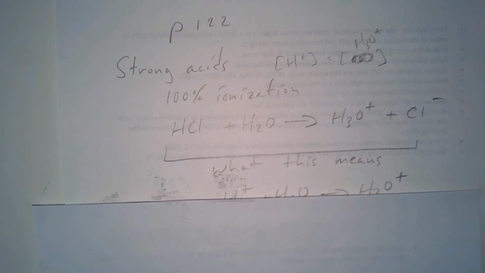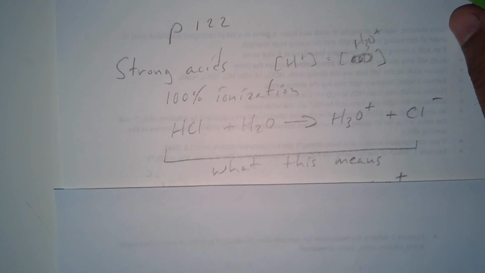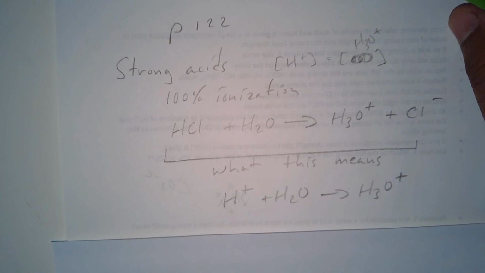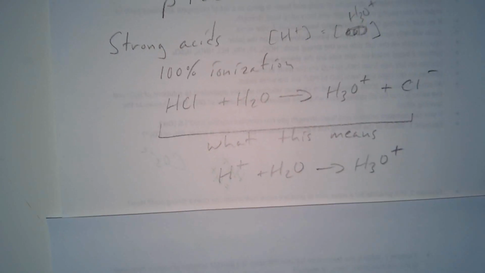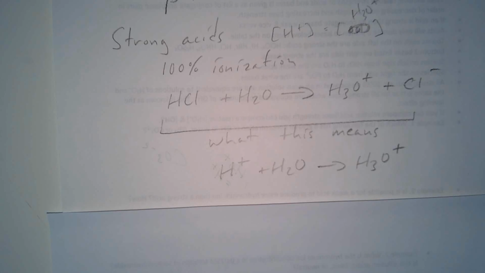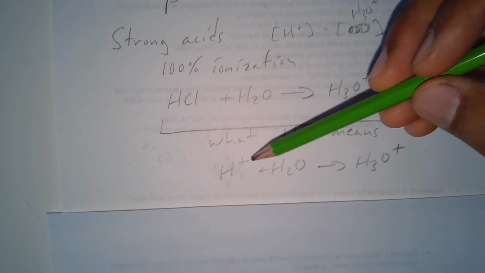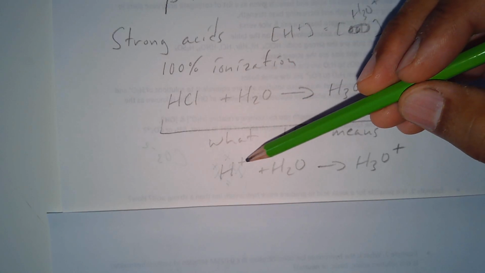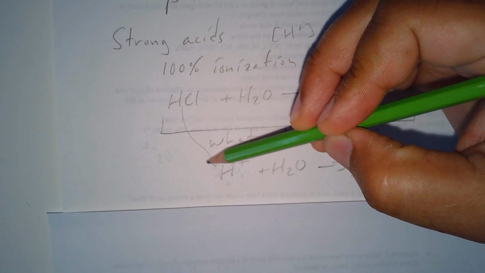Now, another way to look at what this type of reaction means is basically this one, and I think this was the reaction in the textbook that was bringing about some confusion. All this is saying is this H plus is the H plus you're getting from a strong acid. So that's this one right here.